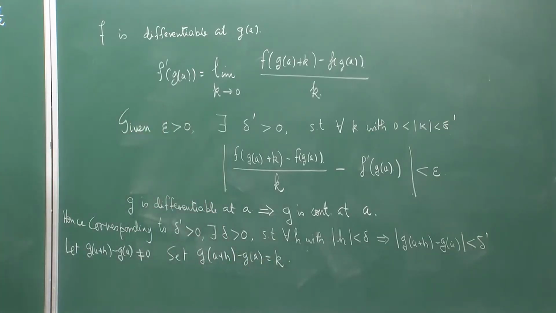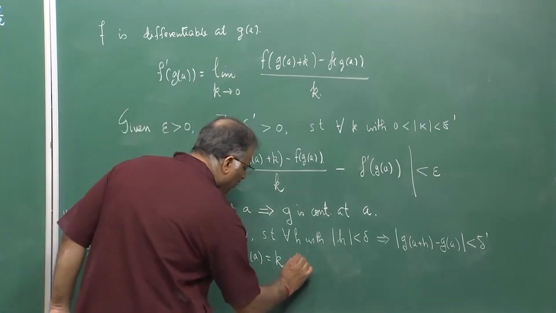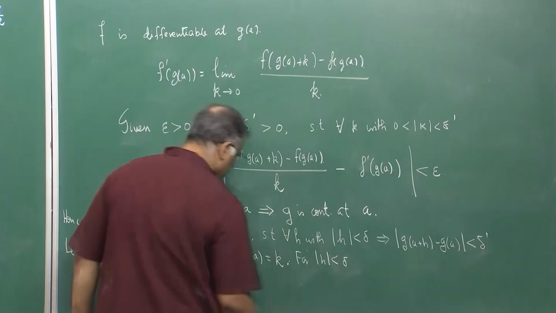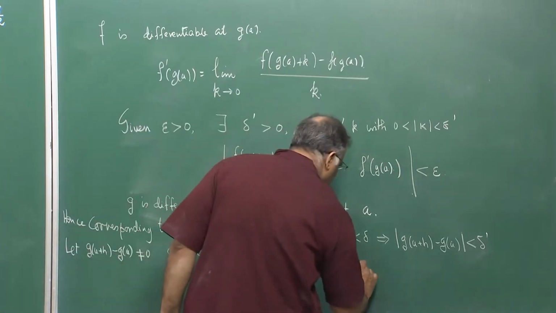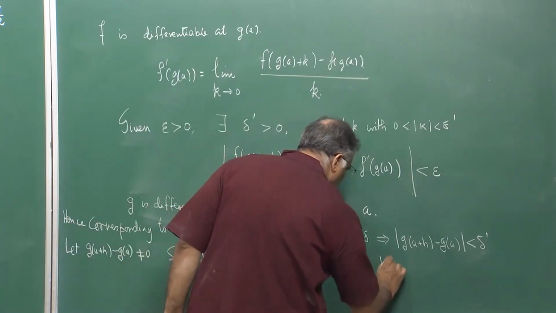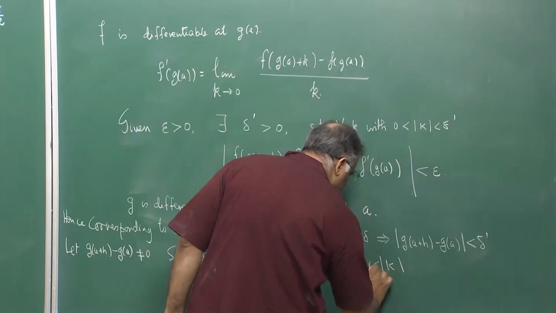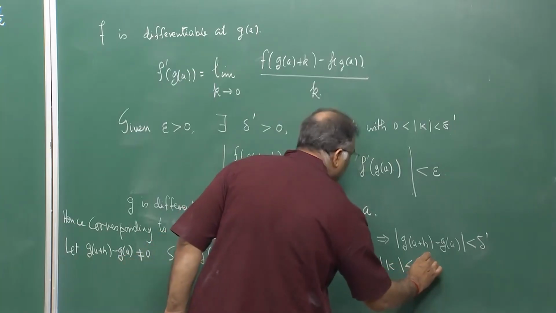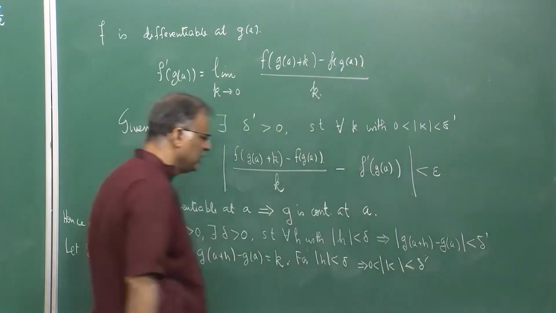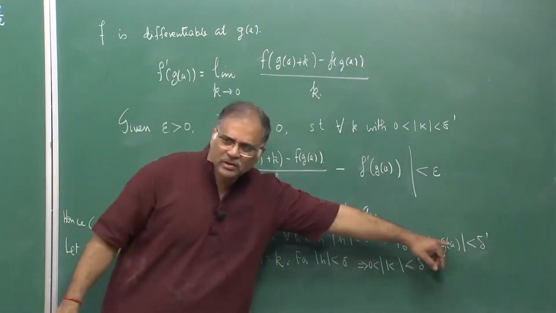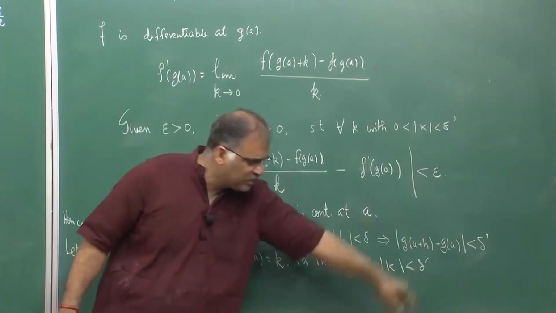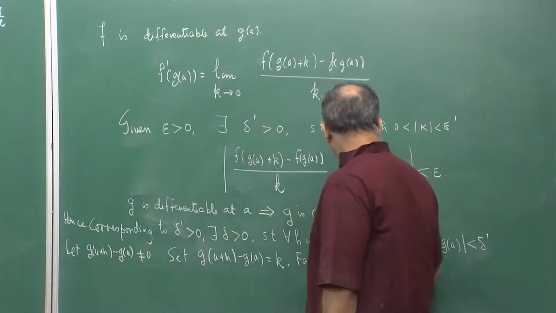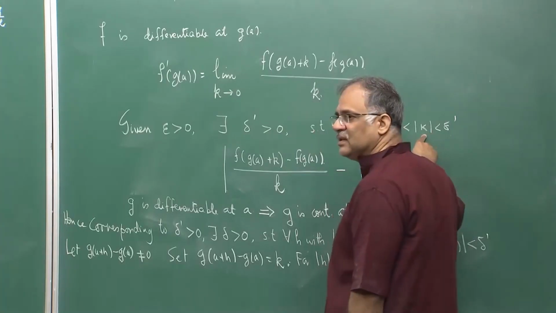Now for all |h| less than delta, what happens? It implies that |k|, which is bigger than 0 now because this is not 0, is less than delta dash, because of this statement: I assumed that g(a+h) minus g(a) is one of these k's.